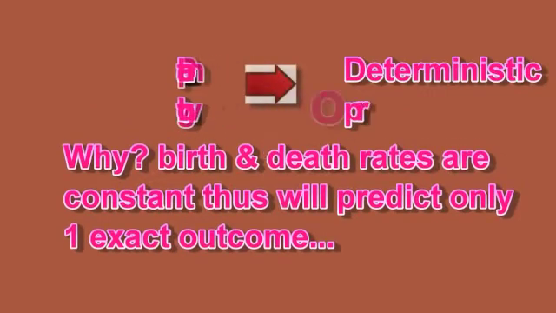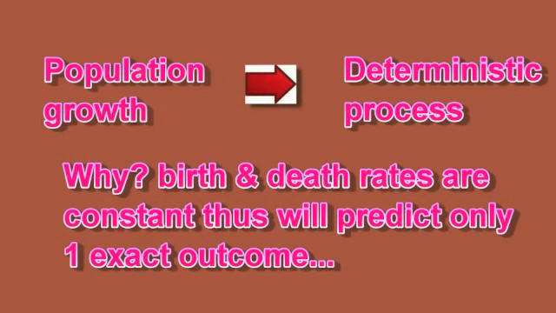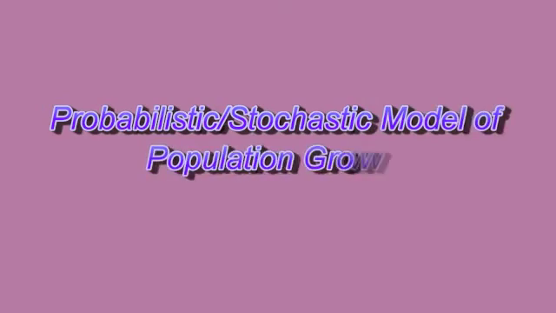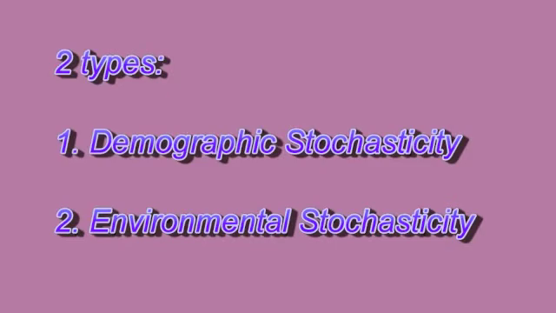Population growth is a deterministic process because birth and death rates are constant, and thus will predict only one exact outcome. Probabilistic or stochastic models of population growth allow the rates of birth and death to vary about the mean estimate, represented by the values of p of x and s of x. There are two main types of stochastic models, namely demographic stochasticity and environmental stochasticity.